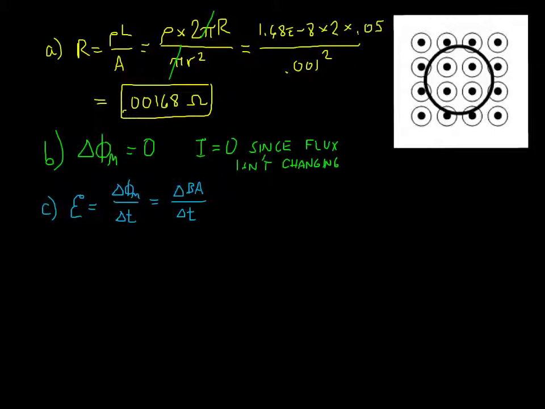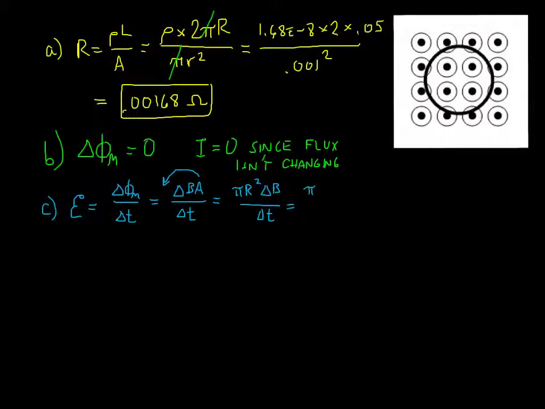The area of the loop isn't changing, so I'm going to take this area out in front of that delta symbol, and I'm going to replace the area with pi r squared. Keep in mind this is the capital R because we're talking about the area of that full circle. So pi r squared times the change in magnetic field over time. Now I can plug everything in.